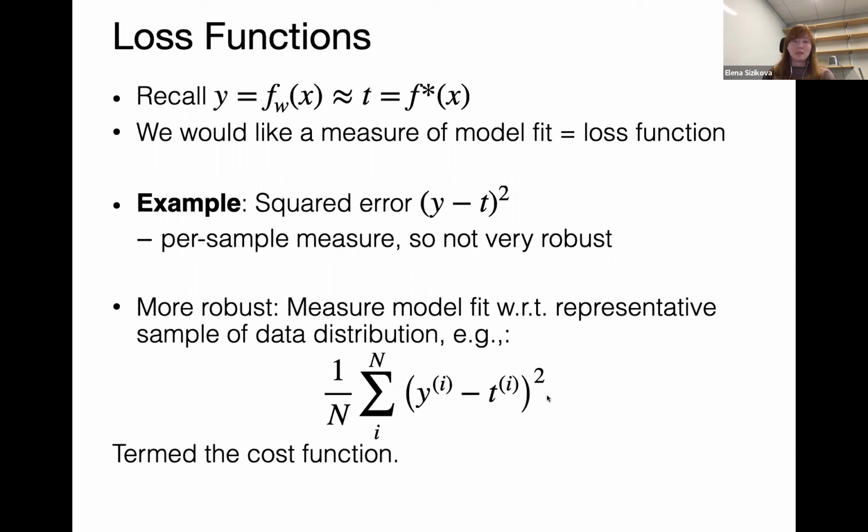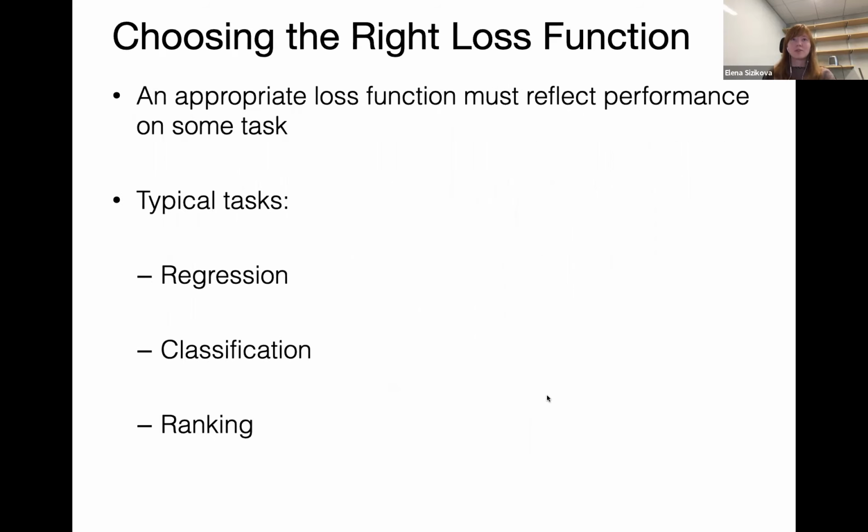And so the design of the right cost function is really crucial, and it depends on the type of task that you're solving. Some typical tasks that we may look at are regression, classification, or ranking, and each one of them has a set of different loss functions that we typically apply. In regression, we have typically the squared error that I talked about, or Huber loss.